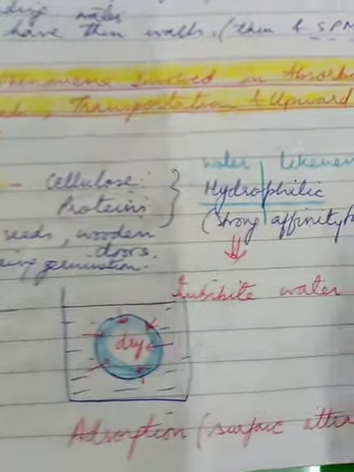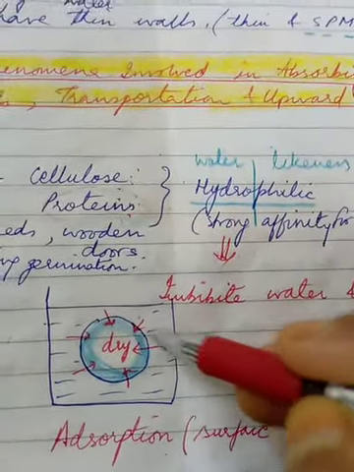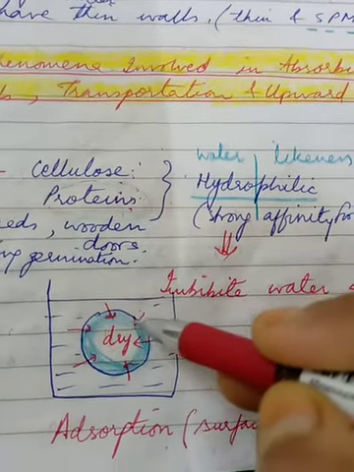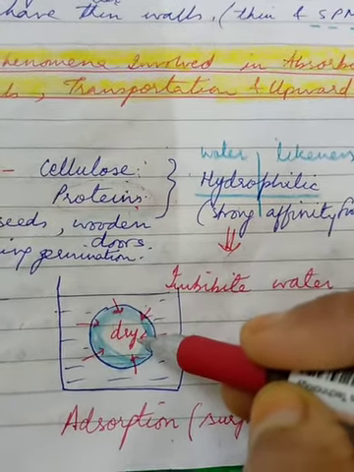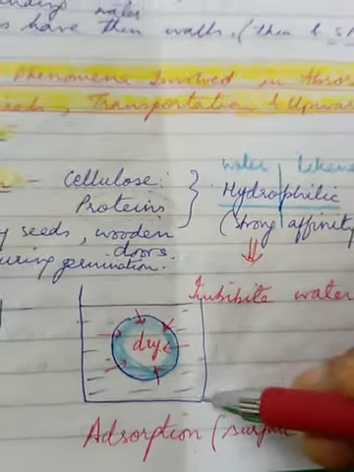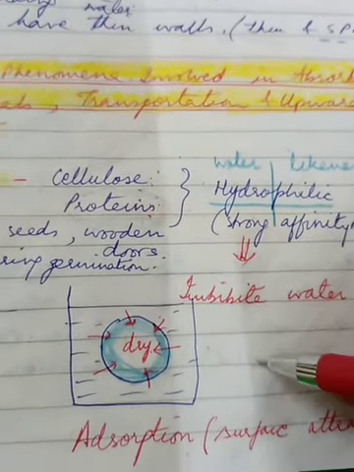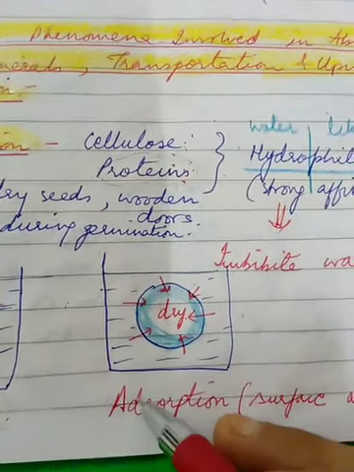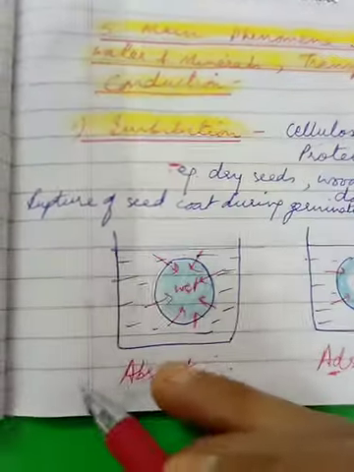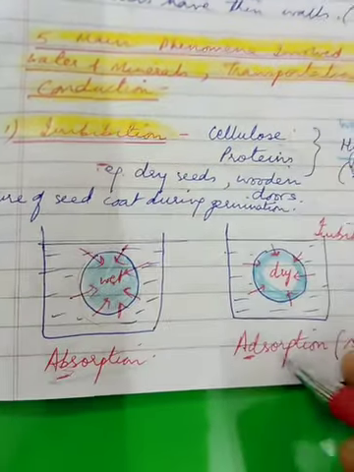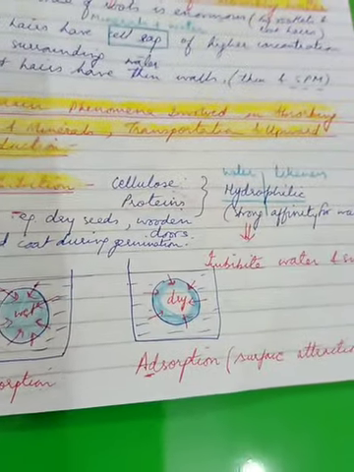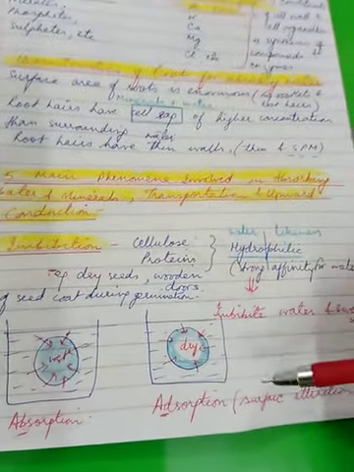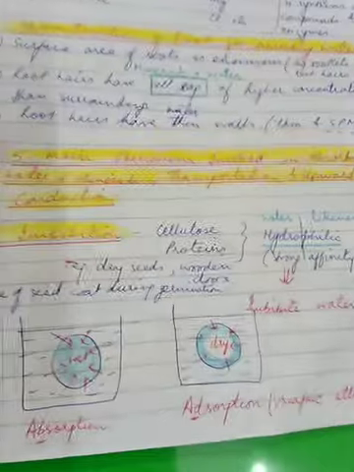But surface attraction means only the outer structure of the ball is wet, while the inner part is still dry. This is surface adsorption. We call it not absorption but adsorption. So the alphabets B and D make a difference. Imbibition is a surface phenomenon like this.